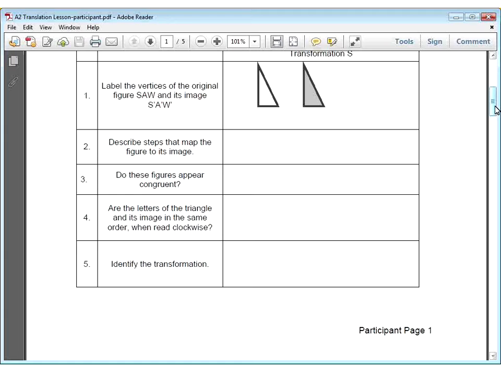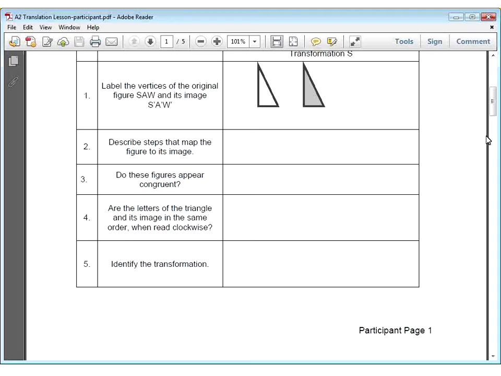Not similar, exactly the same. Yeah, that's the generalized version, but we want one figure to be exactly the same as the other figure. In math, we call that being congruent. That means all their angles are the same, all their sides are the same, the corresponding sides and angles are exactly the same. Are the letters in the triangle and its image in the same order when read clockwise?